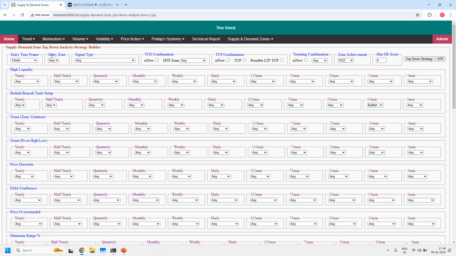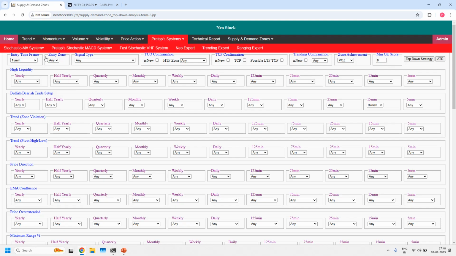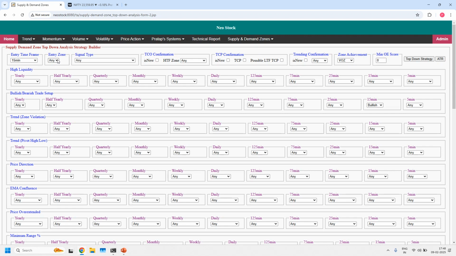If you don't select this filter, you know what happens? The zone achievement is applied to either one. It considers whether the demand zone or the supply zone, one of them, has zone achievement, and it automatically filters that stock. But in a bullish trade setup, our entry zone is the demand zone, not the supply zone. So that's why this VOZ filter should be applied to the demand zone.